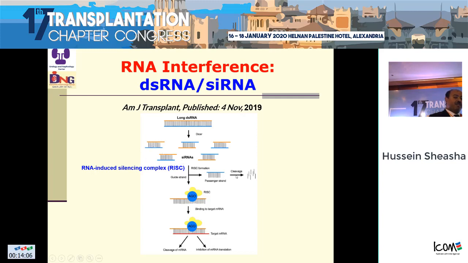We have here the passenger strand and the guiding one. So after meeting this complex, which is the RNA-induced silencing complex, the passenger fragment is cleaved and disappears by this structure with the presence of Argonaute. At the end of the day, the guiding strand binds to its complementary sequence and stops protein synthesis.